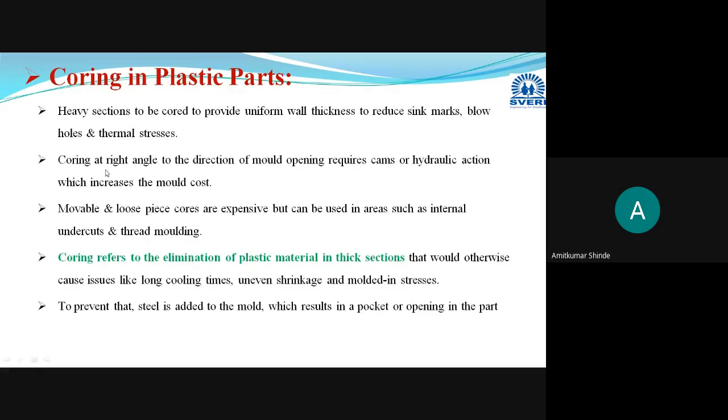Now generally coring is done at a right angle to the direction of the opening of the mold. Whenever coring is done at a right angle, sometimes to do this coring, some cams or hydraulic mechanism you have to use.